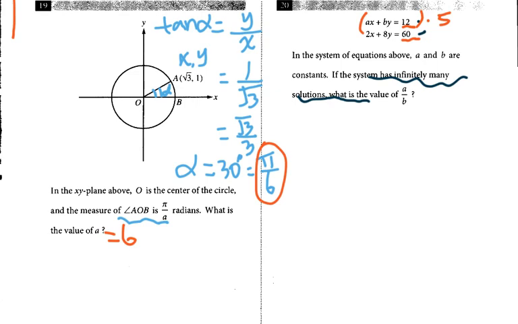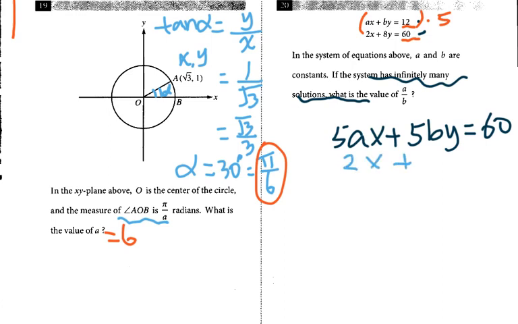So I will get 5ax plus 5by equals 60. Then I compare it with 2x plus 8y equals 60. Since these two equations are equal, the coefficients have to be equal.